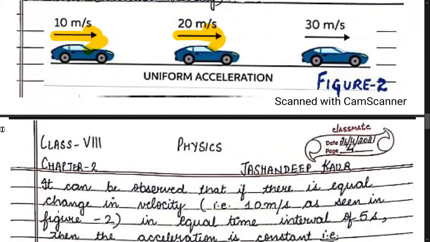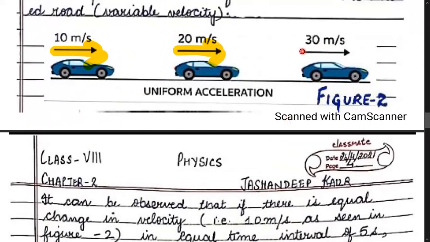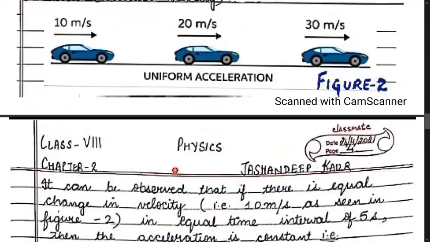And again, after further 5 seconds, its speed becomes 30 meters per second. So what is occurring? After every 5 seconds, the speed is increased by 10 meters per second.